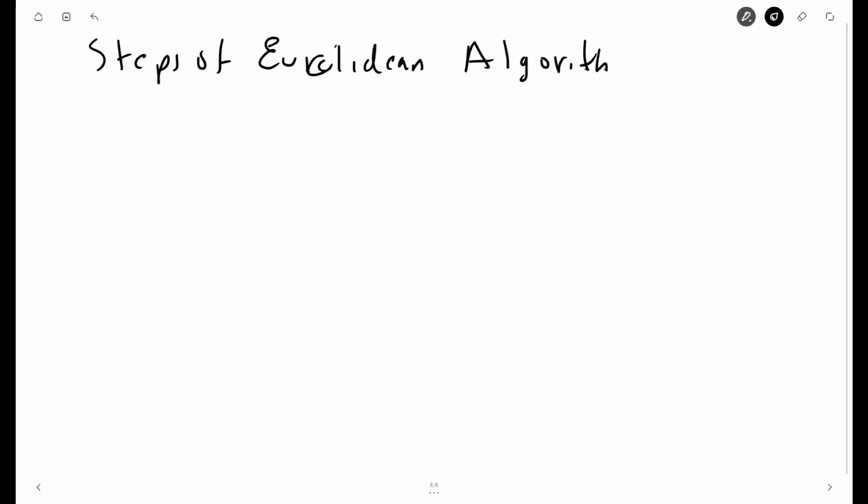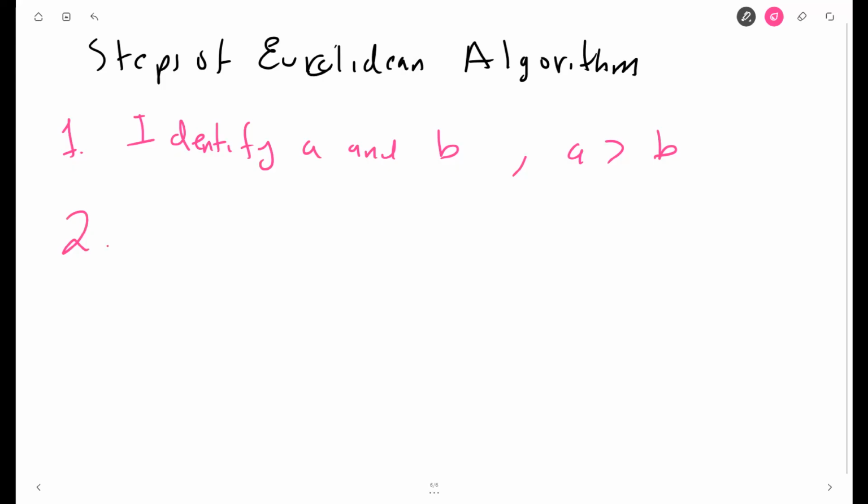So the steps of the Euclidean algorithm. Step one, identify A and B where A is greater than B. Second step, we say A is equal to B times Q plus R. This is called divide and conquer.